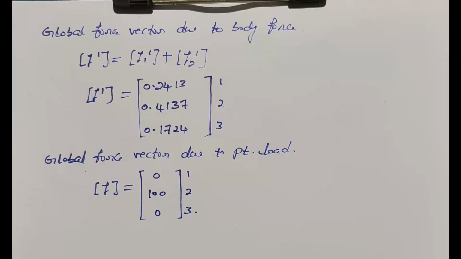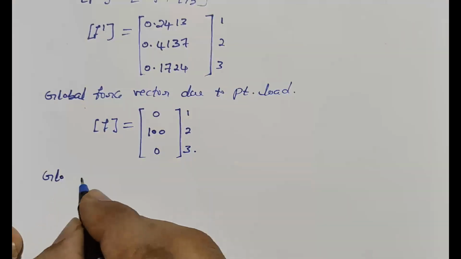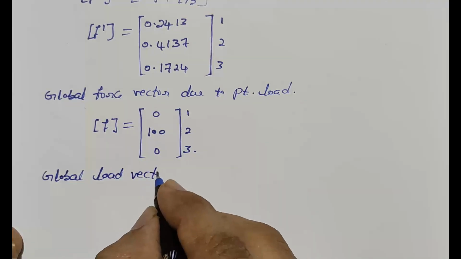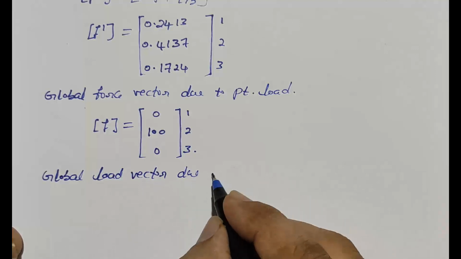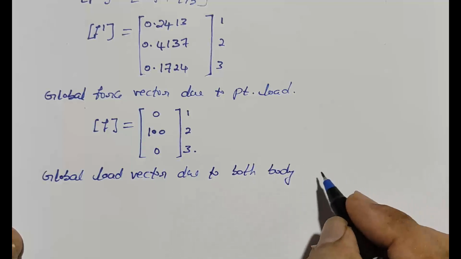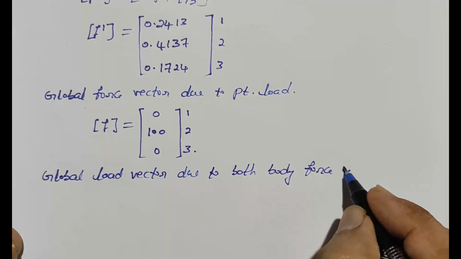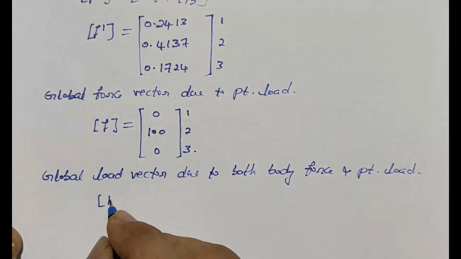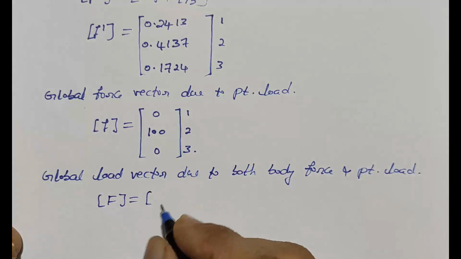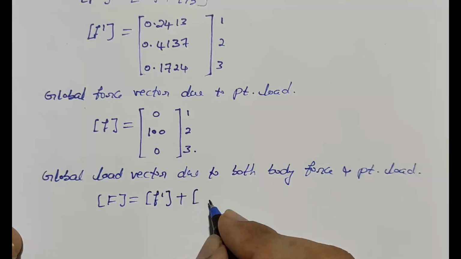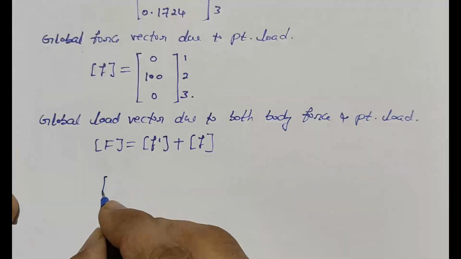Next we need global force vector due to both body force and point load. Global load vector or force vector due to both body force and point load, that is F is equal to, we have to add global force vector due to body force and global force vector due to point load.